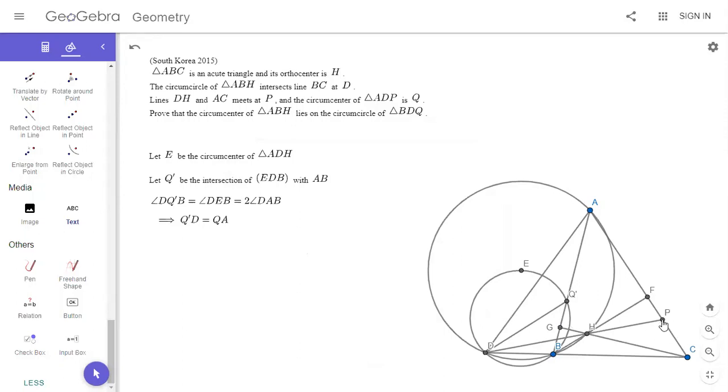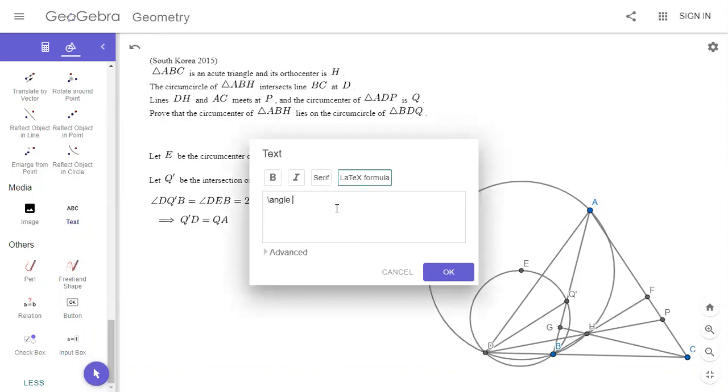And then we can also try to show P is equidistant, and we can try to do that. What was my strategy? I wanted to show DPA is half of DQ prime A. I think that was my strategy. So we also have angle DPA is 180 minus angle DAC minus angle ADH.